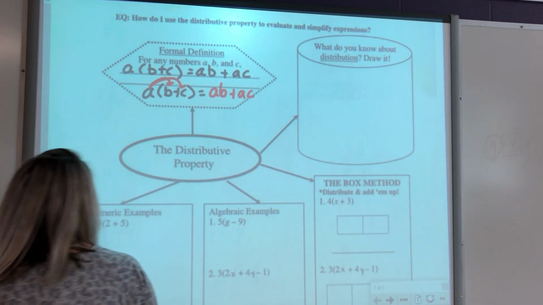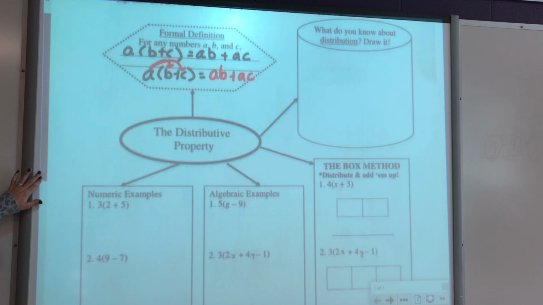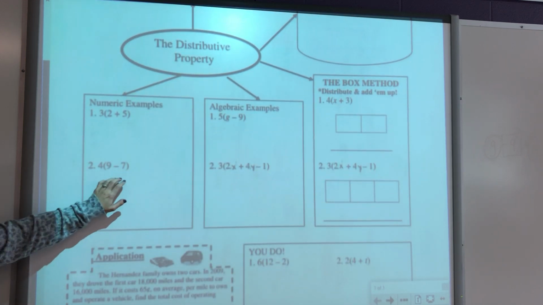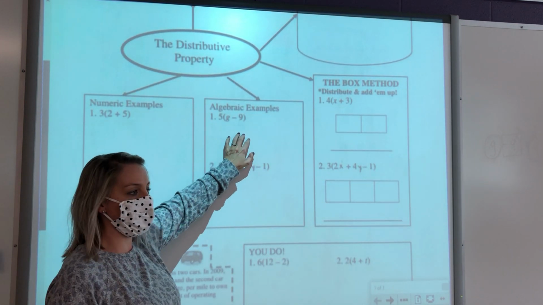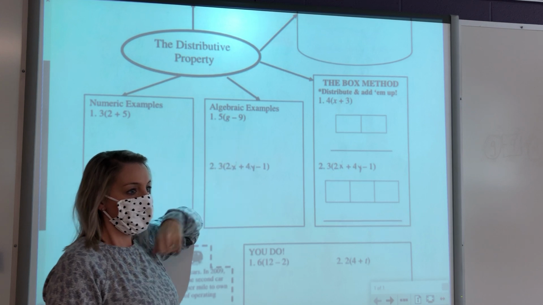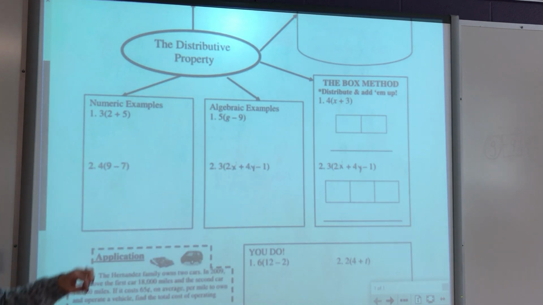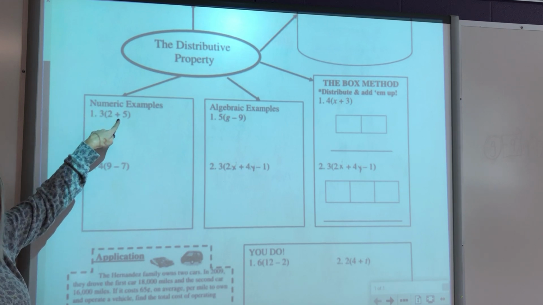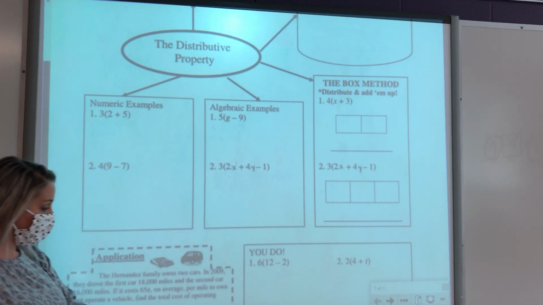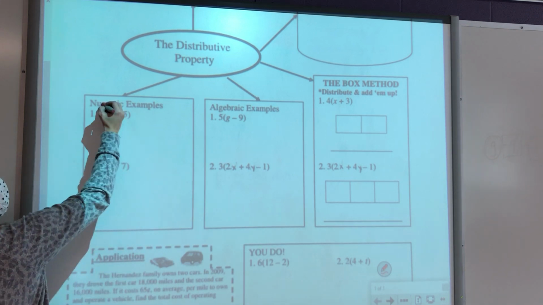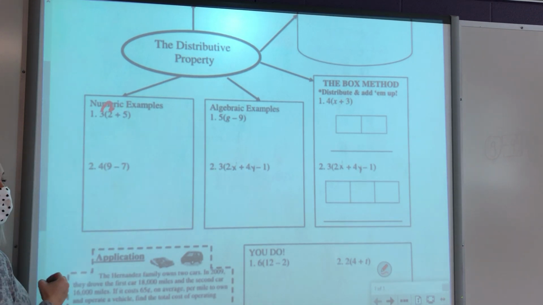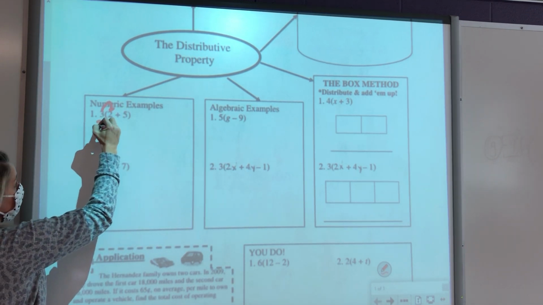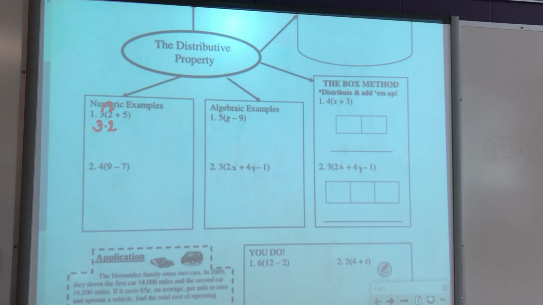So, the distributive property, we can use the distributive property with numeric expressions and then also algebraic expressions. So what we're doing is we're taking our coefficient and we're multiplying it by what's on the inside of the parentheses. So, 3 times 2. Okay?